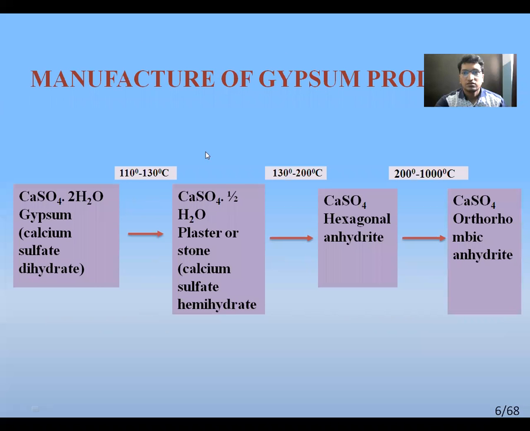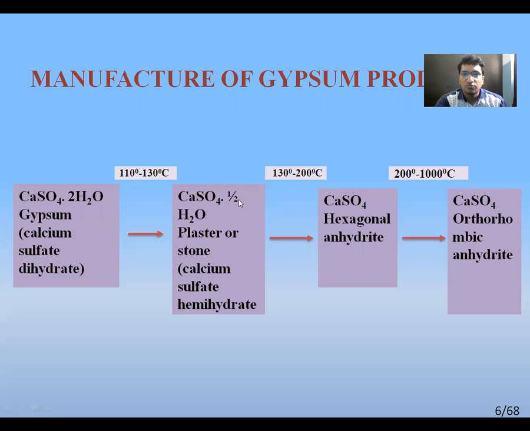This is a chain reaction. When heat is applied, suppose 110 to 130 degrees centigrade, to gypsum, which is calcium sulfate dihydrate, dihydrate meaning two molecules of water. Don't forget these two molecules because everything depends on this. Whenever we apply heat to calcium sulfate dihydrate, we get calcium sulfate hemihydrate.